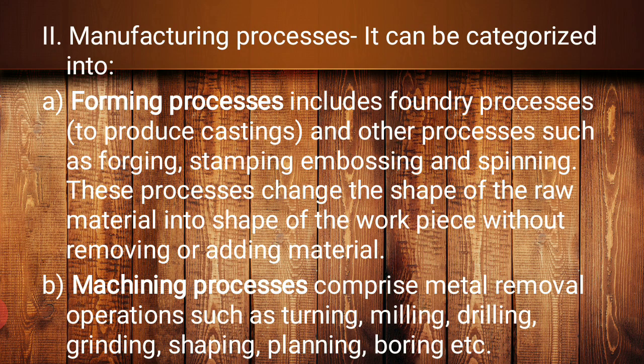What do we do? We sharpen it, means we remove the unnecessary material there, and then we bring out the lead. That is said to be a machining process. In the same way, machining process in industry means metal removing operations such as turning, milling, drilling, grinding, shaping, planing, boring, etc., through which you bring out something by removing the unnecessary things, and that is what is said to be the machining process, right?